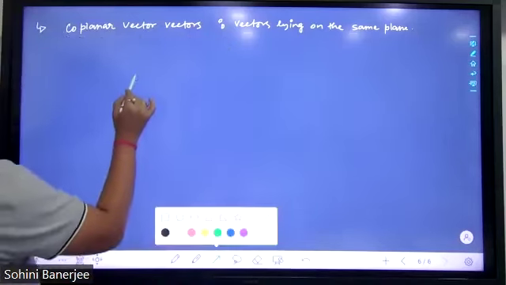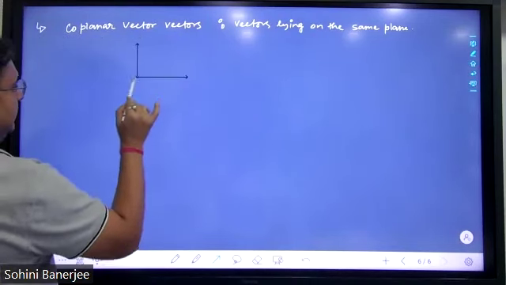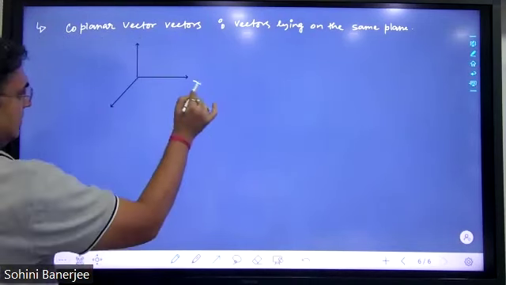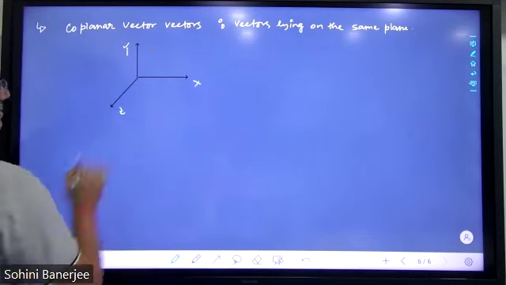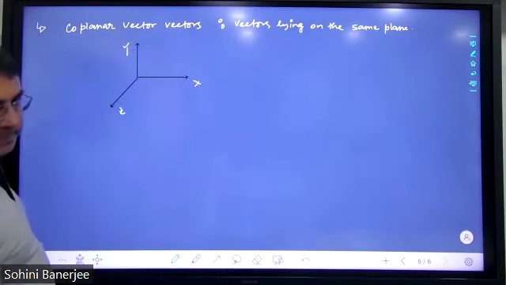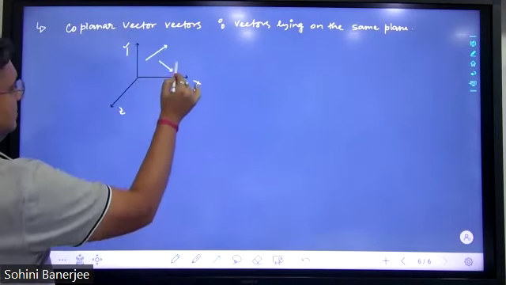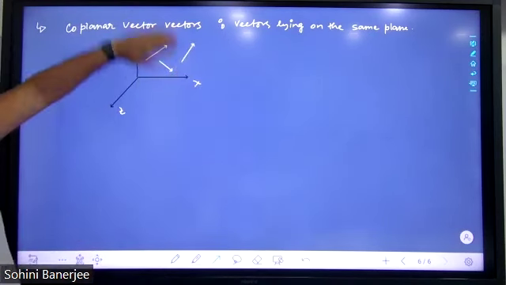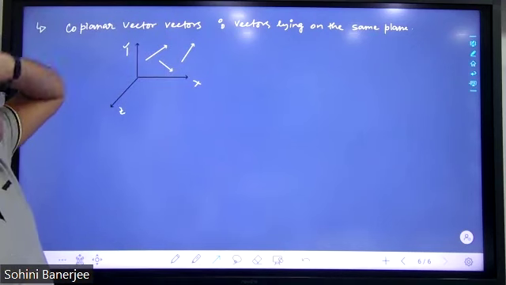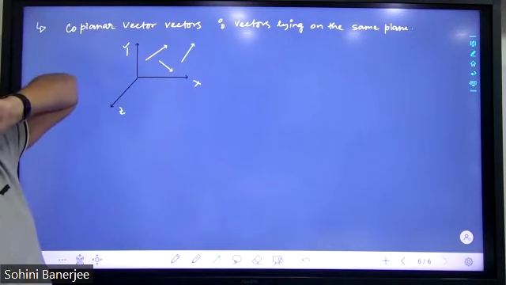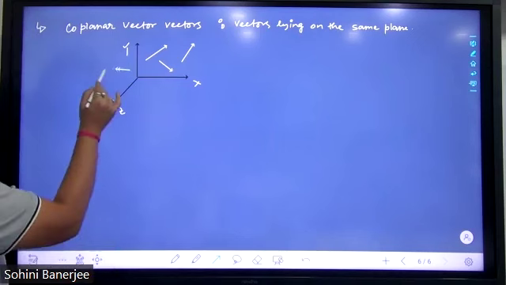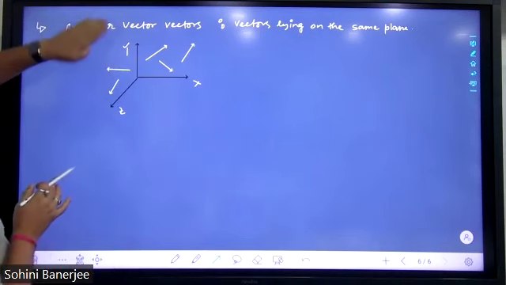Suppose I give you this XYZ plane, XYZ space. So XY is a plane. If you draw vectors in the XY plane, all these are co-planar vectors. If you draw them on this YZ plane, these are co-planar.